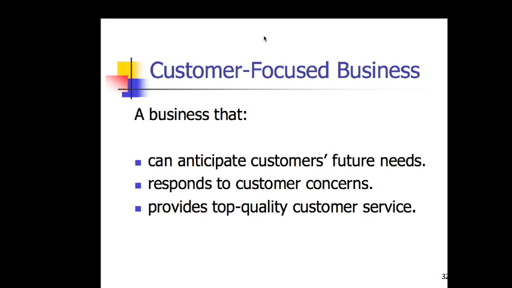Anyway, we can also look at customer-focused businesses, which is a business that can anticipate customers' future needs, respond to customers' concerns, and provide top-quality customer service. So customer service is one of those things that's kind of degraded, I think, over the years. In the old days, it was expected.